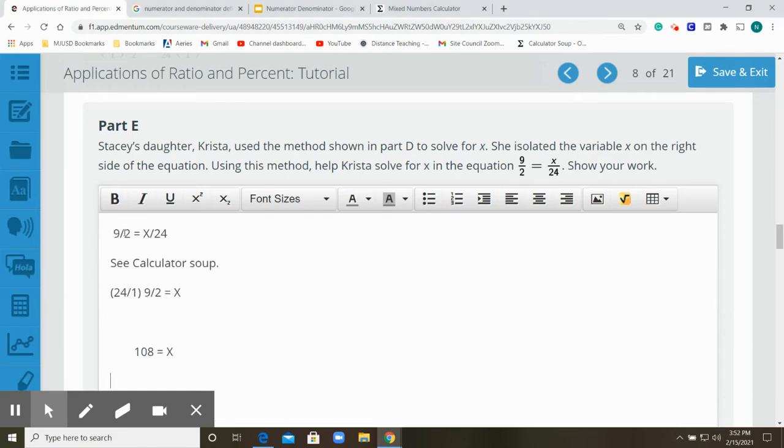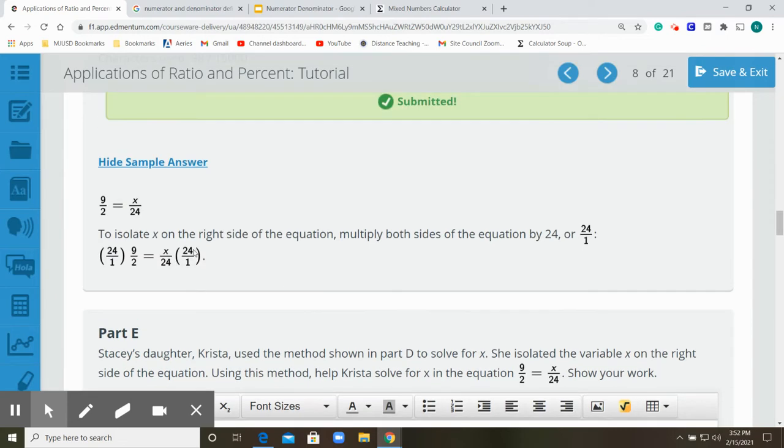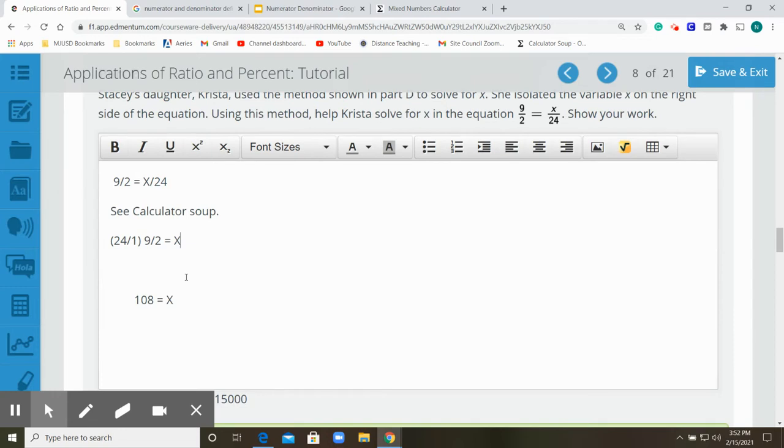So we start with 9 over 2 equals x over 24. I'm using calculator soup to show that multiplied by 24 over 1, the 24 over 1 cancels that out. We talked about that.